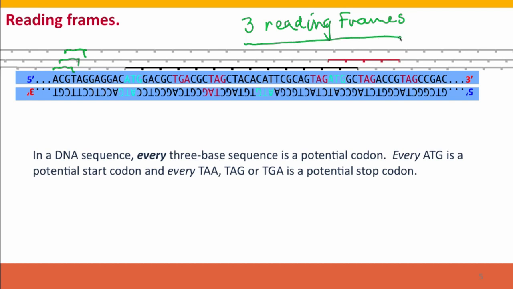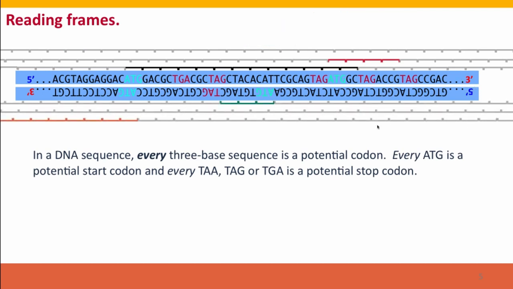Going in this direction on this DNA strand, we have another 3 reading frames in the other direction, read from the other strand. Now, I'll show you in the next module how geneticists analyze reading frames, but the cell doesn't get confused by this.